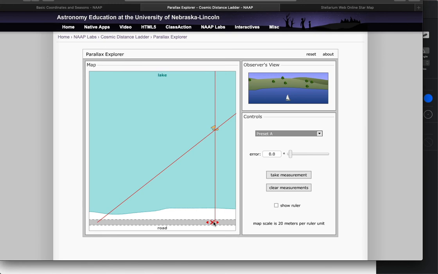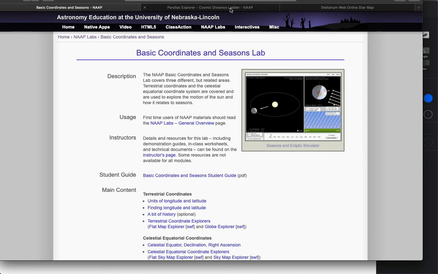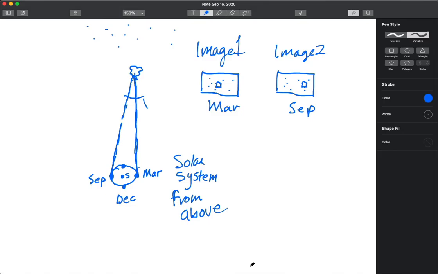So you can see here that the distance between us and the sailboat is really going to affect how it's going to appear to move against the background stars. And let's do a little math actually, instead of doing another simulation. So I tried to draw a little cartoon version of what I'm talking about here.